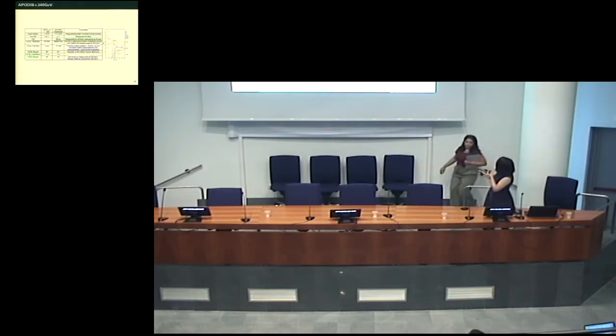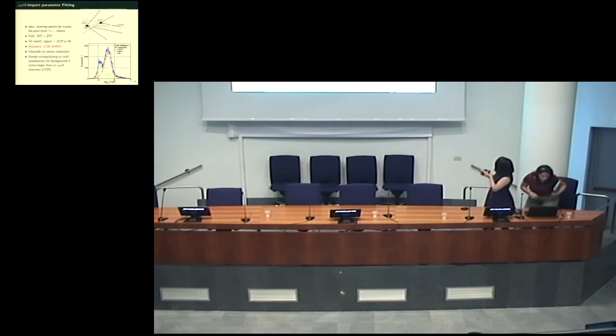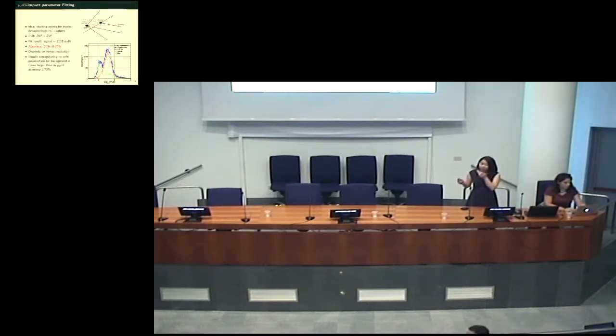Can you go to slide 11, please? Okay, for my own curiosity, is the pull really a log normal distribution? Sorry, the pull function or the residual is actually a log normal distribution.